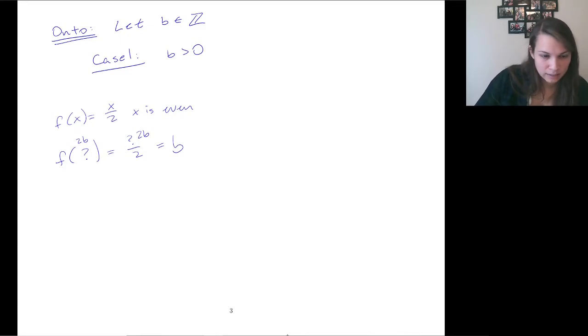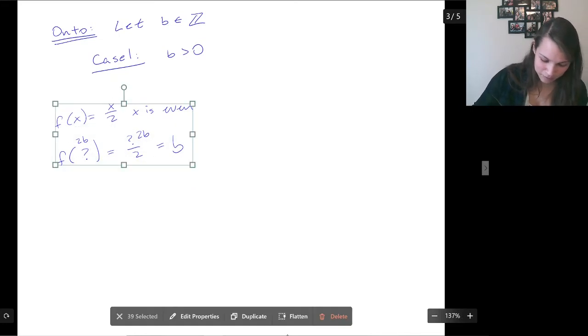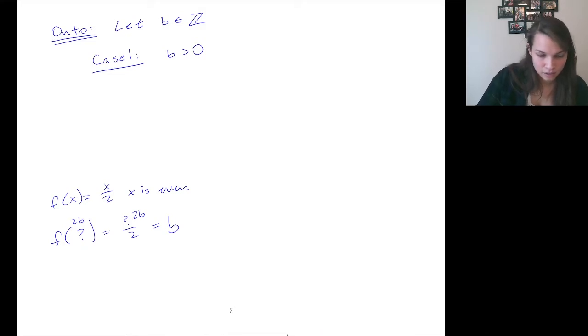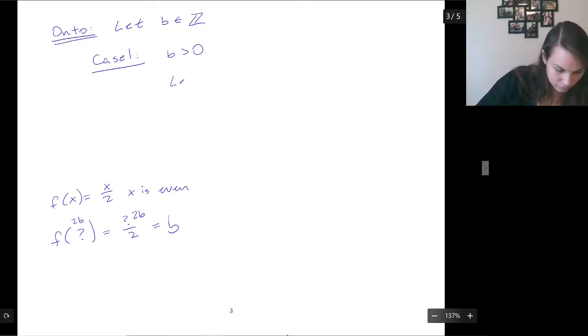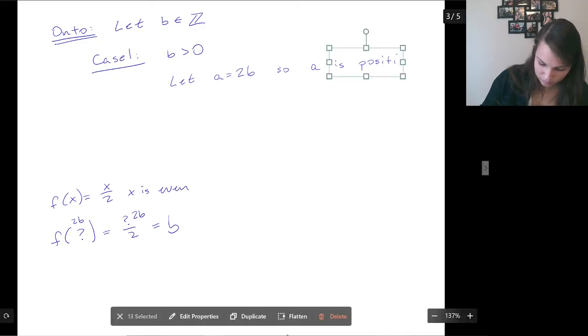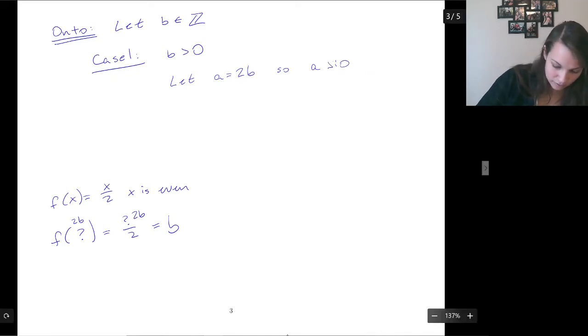So then now we have to write this up formally. I'm kind of scrambling around trying to figure out how to do this. Now let's actually go for it. So I'm going to say let a equal 2b. That means that a is positive, and it is even.